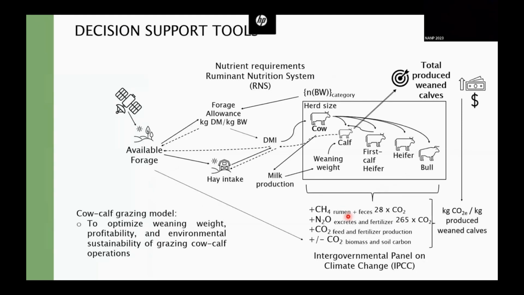In this case, it is a cow-calf grazing model because this model was built to optimize weaning weight, profitability, and sustainability of the grazing cow-calf operation, because we seek the best producing weaning cows based on the herd size and the available forage.